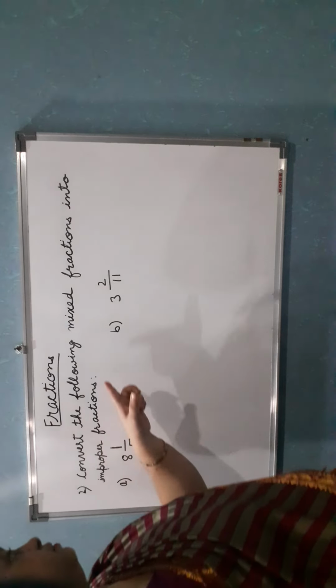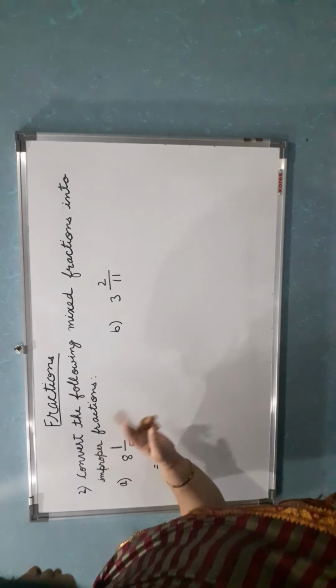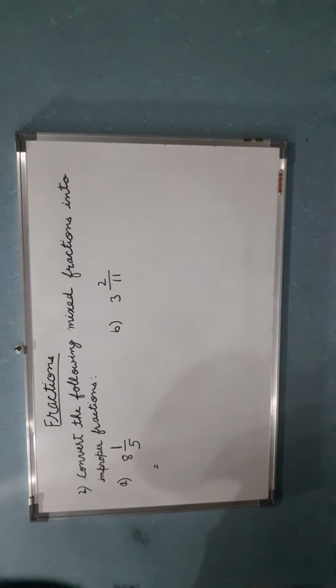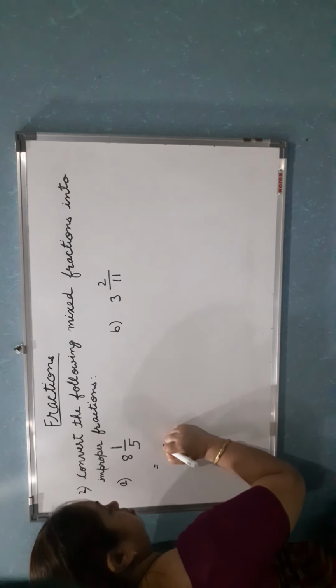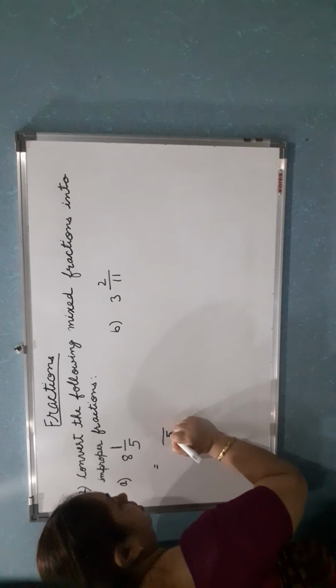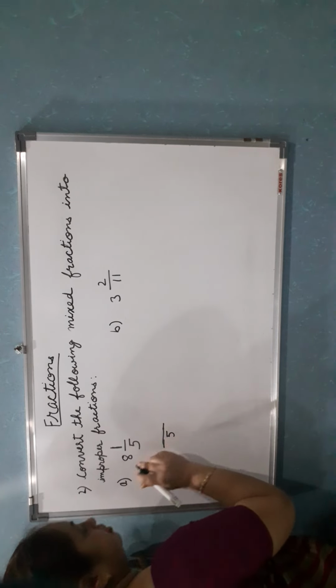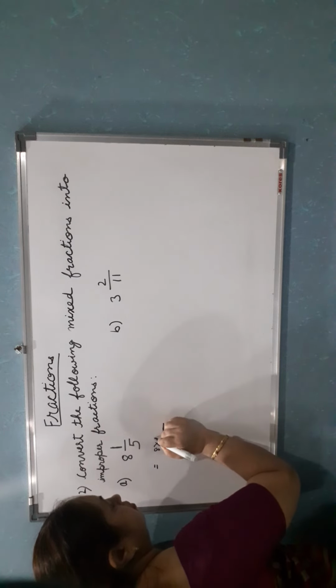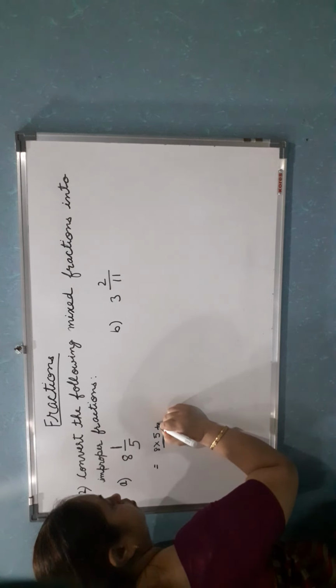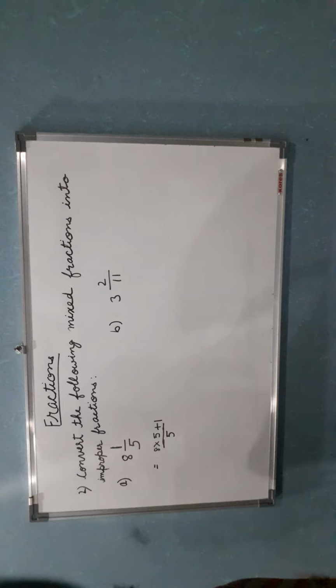Now look here, convert the mixed fractions into improper fractions. So how will you do it? Denominator will remain same here. 8 into 5: whole number into denominator, plus 1 numerator.